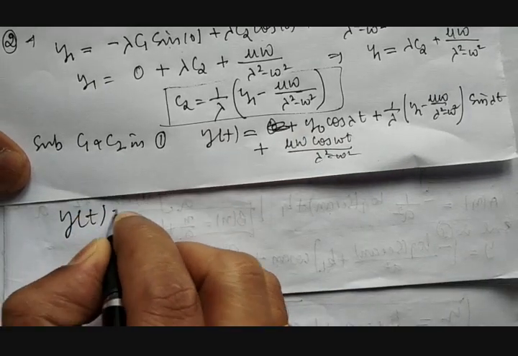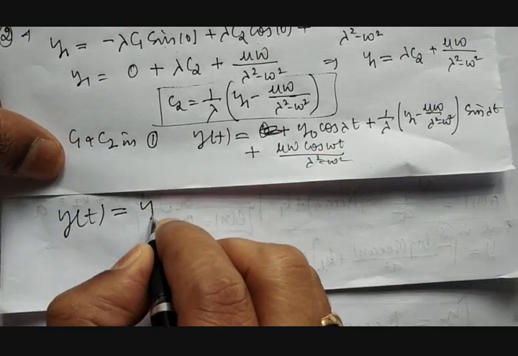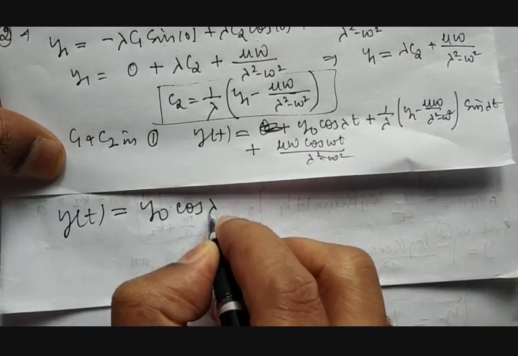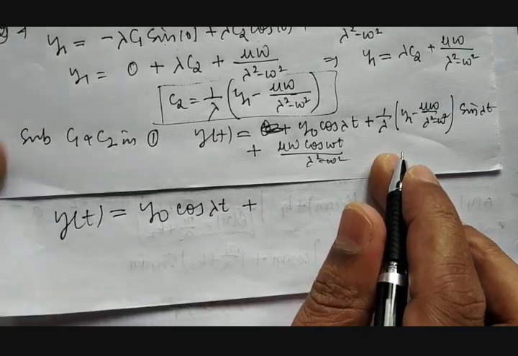Y of t is equal to y naught cos lambda t plus, take a group multiplication.